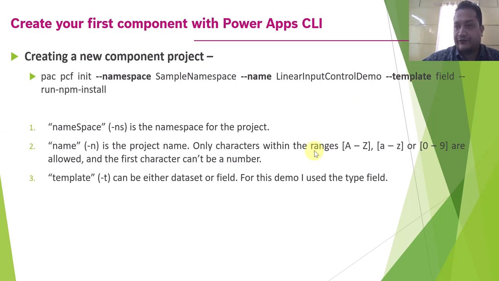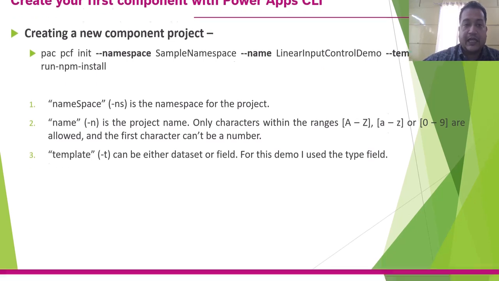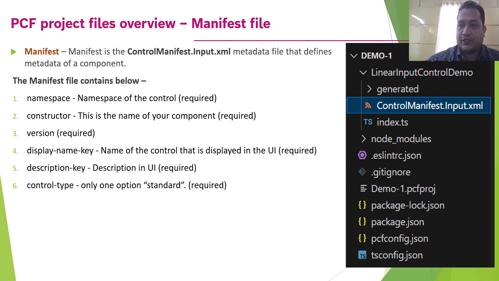So this is the first and foremost thing. I have already run this command just to save time for this video. And once this command is run, the solution for the PCF component will be created. After this, I will be talking about the different files which get created. So I will be showcasing that.